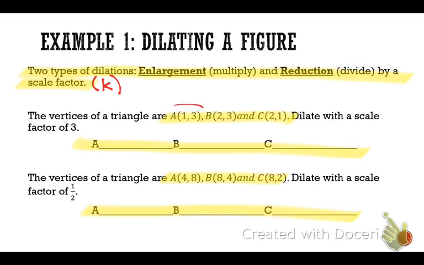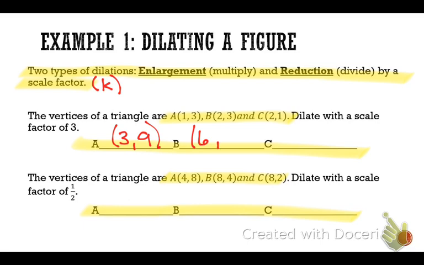So let's look at the first ordered pair. A is 1, 3. Let's start with the x value. What's 1 times 3? 3. And now let's do the y value. What's 3 times 3? It's 9. Okay? So let's do point B now. For each value, I have to multiply it by my scale factor of 3. So what's 2 times 3? 6.